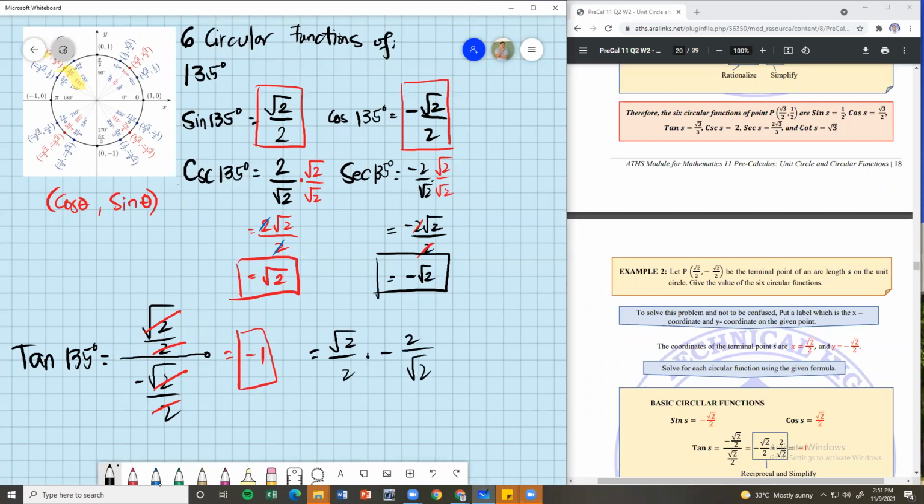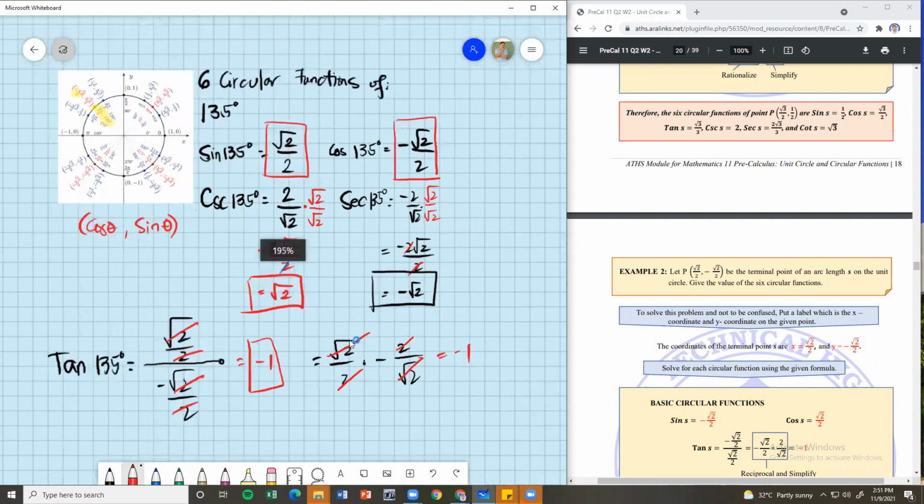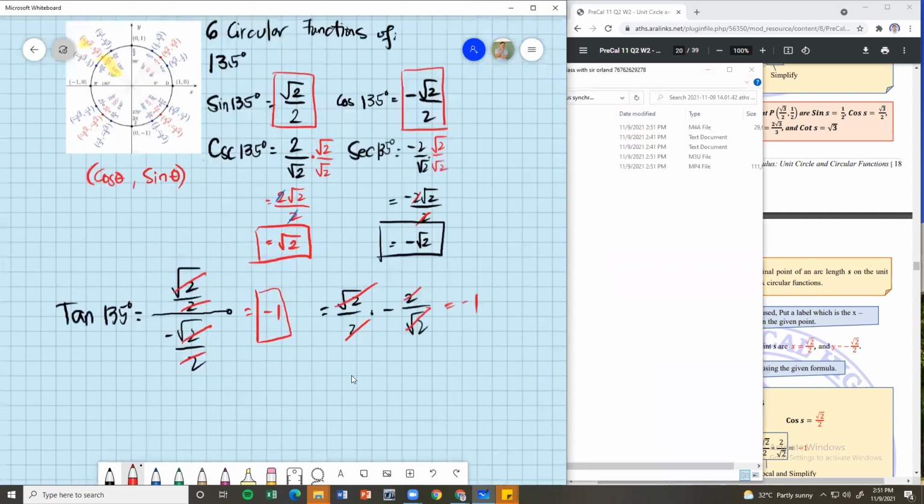See? What's left is negative 1. Okay? And of course, for our cotangent, what's the reciprocal of negative 1? Cotangent of 135 degrees will be equal to negative 1 over 1. The reciprocal is still negative 1. That's it. And we're done.